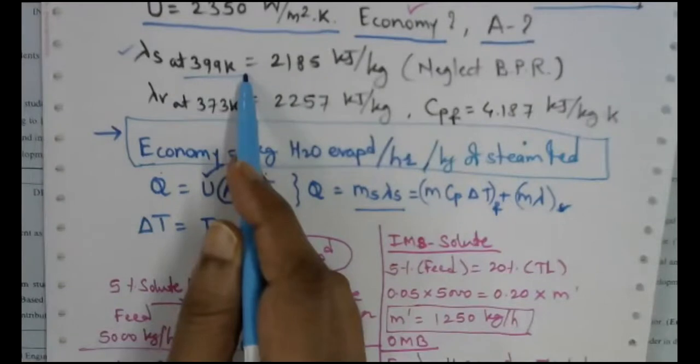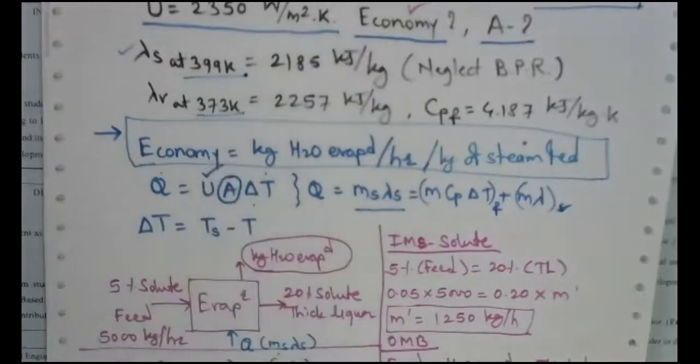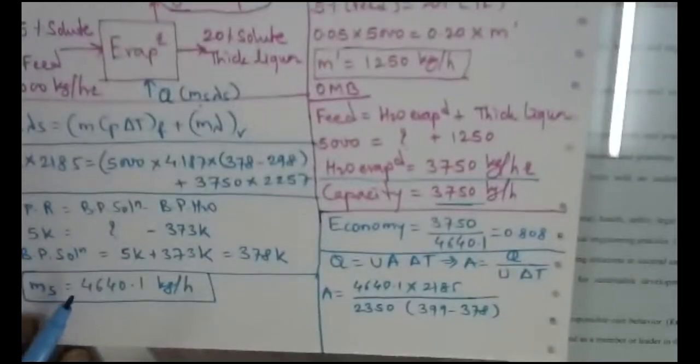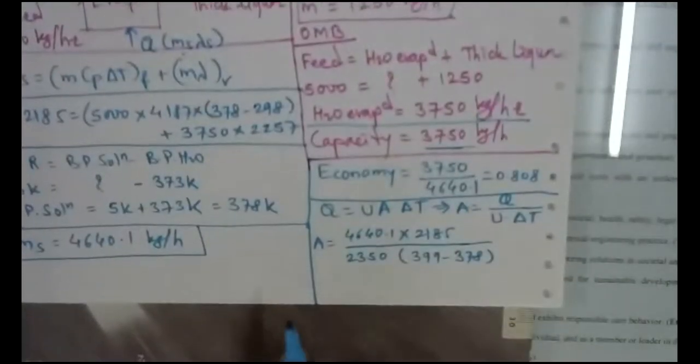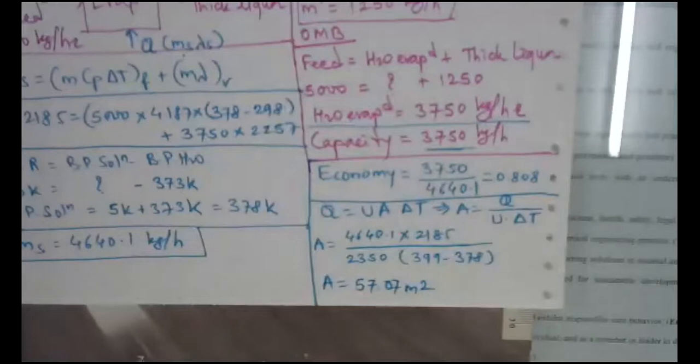So the temperature of steam is 399 and the temperature of the solution is 378 Kelvin. We can write the driving force as 399 minus 378. From this formula, we can calculate the area of heat transfer as 57.07 meters square.